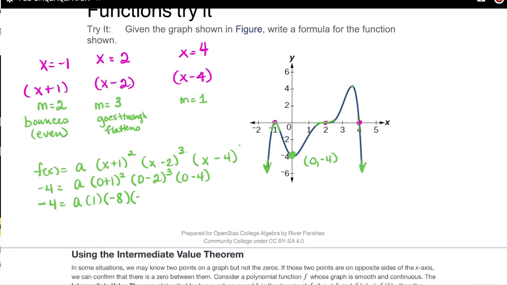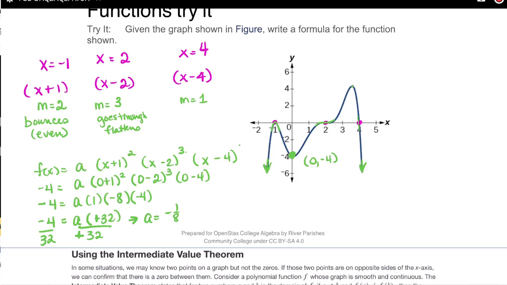And 0 minus 4 is -4. So -4 equals a times 32. I'm sorry, positive 32. Negative times a negative is a positive 32. So divide both sides by positive 32. We get a equals -1/8.